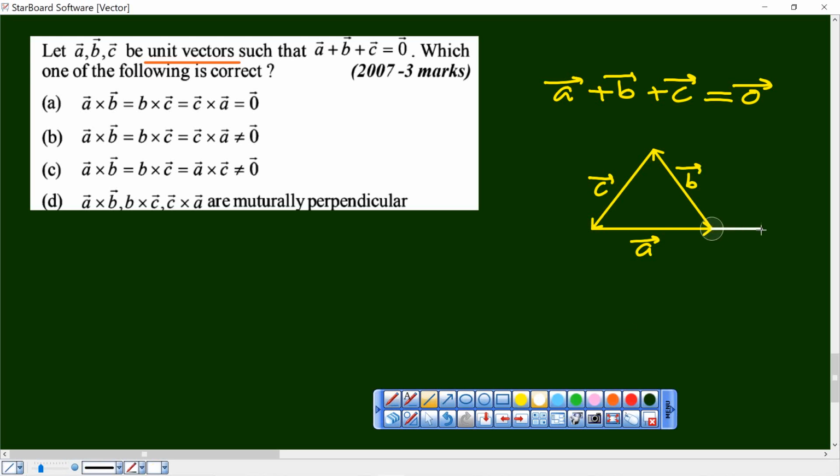So if I produce this, then it would be the correct angle between A and B. If I produce this, this would be the correct angle between B and C. If I produce this, this would be the correct angle between A and C. The angle between A and B is 120 degrees. Can you see that? Between B and C is 120 degrees. And between C and A is also 120 degrees.